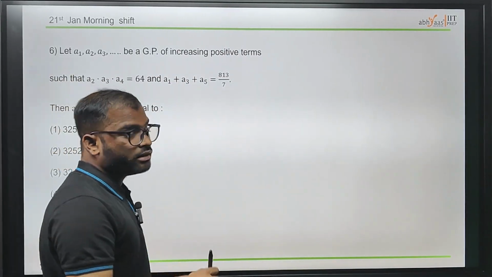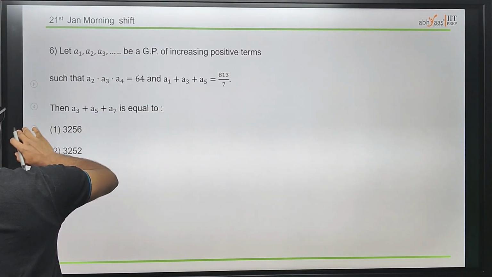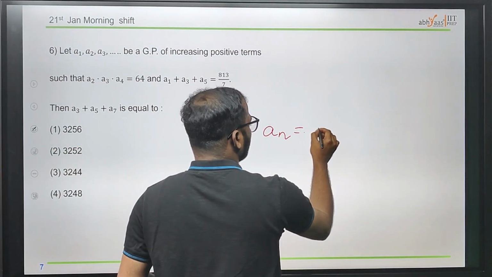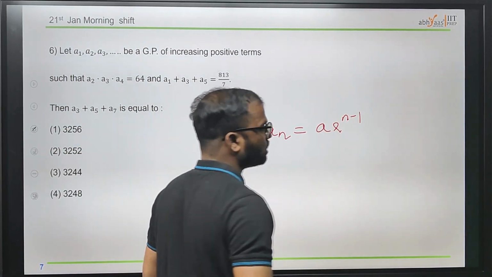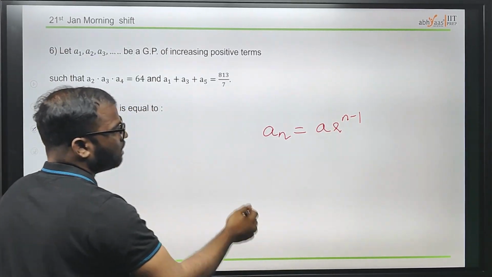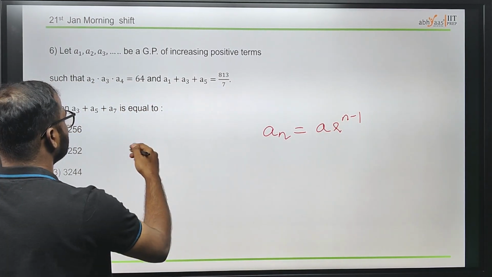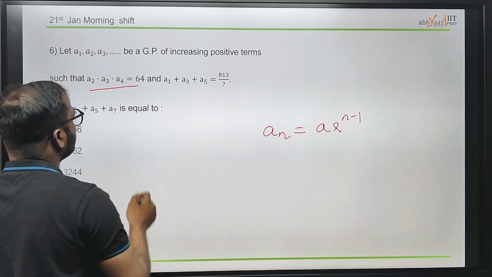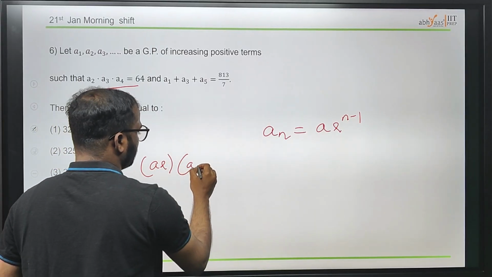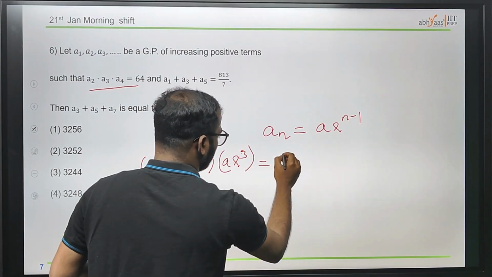We know the nth term of a GP is an equal to ar power n minus 1. By using this we can easily solve this one. For example, a1 is nothing but a, and similarly for a2, a3. Now if we observe a2 into a3 into a4, that is nothing but ar into ar square into ar cube, which is equal to 64.